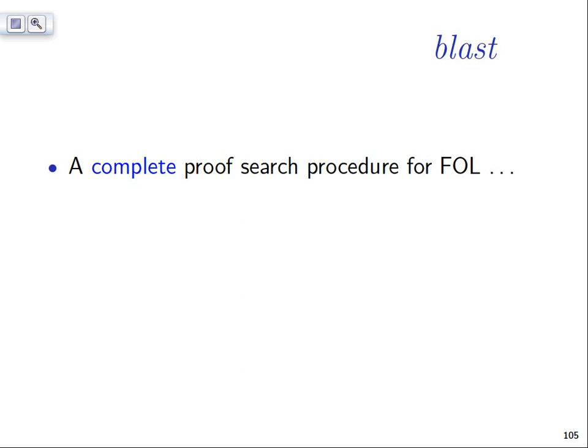Then there is BLAST. That is actually, in principle, a complete proof search procedure for first-order logic. I'm saying in principle because in the implementation there's a depth limit and it doesn't go on forever, but if it hits the depth limit, it'll stop. But in principle, the algorithm behind it is complete for first-order logic. The big drawback here is that the proof search procedure knows almost nothing about equality.